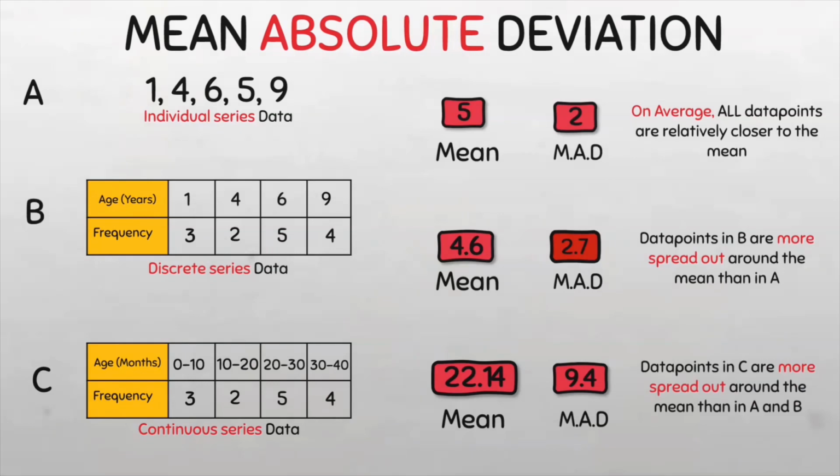So in other words, the higher the mean absolute deviation, the higher the dispersion in a dataset. So dataset C is more dispersed than B, and B has more variation or dispersion or variability than A.